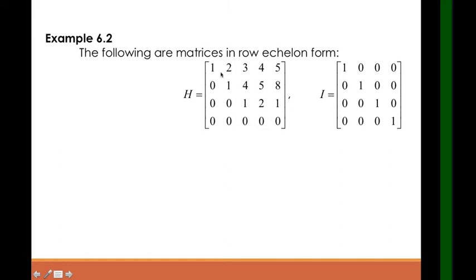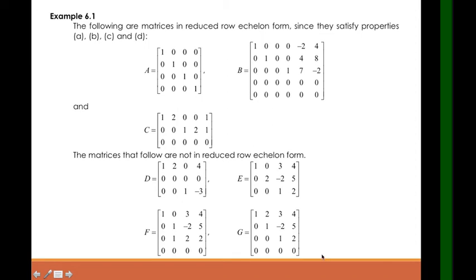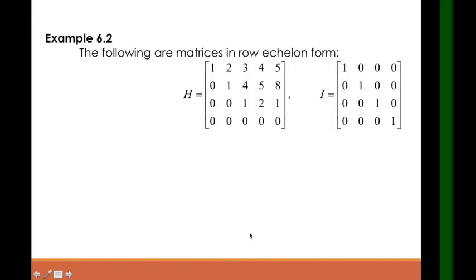So this one is an example of row echelon form. The other is also an example of a row echelon form. In here, this one is an example of a row echelon form, letter G. Okay?